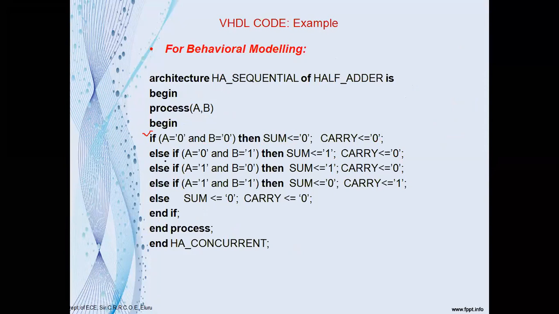If not, then you take another condition, else if A is 0 and B equal to 1. If that is the condition, then the sum and carry have the logical values 1 and 0 respectively. If it is not the case, it will go on to the next case, and if even this case is not satisfied, it will move on to the next case.